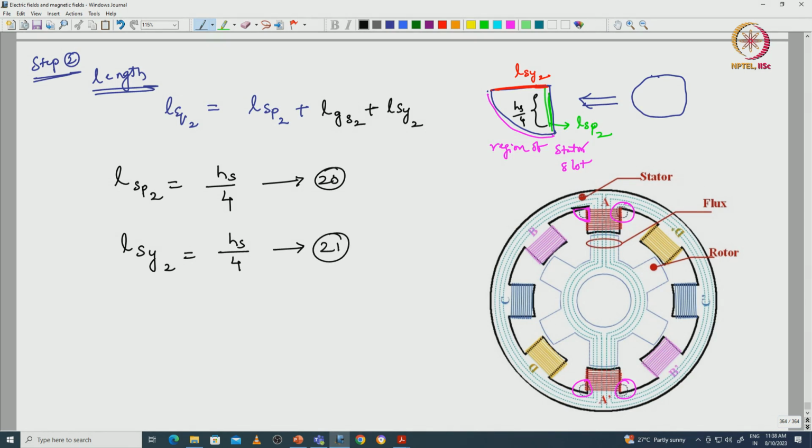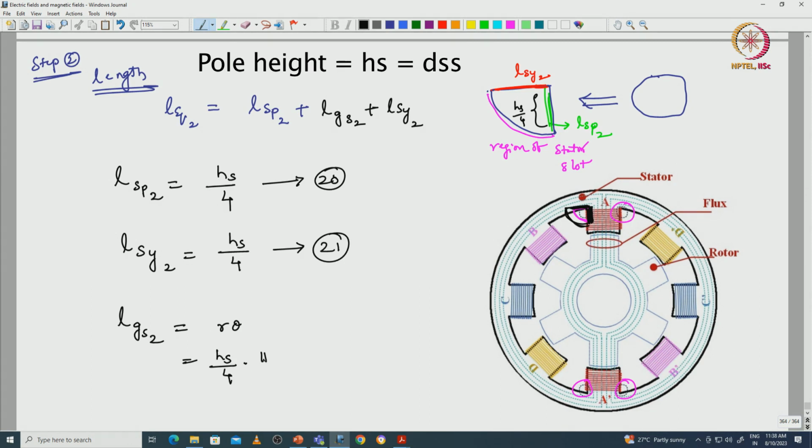This region also I am assuming hs by 4, and this region also hs by 4, and this arc length we can calculate based upon the quadrature of the circle. The length of the air gap region with respect to the stator slot is equal to r into theta. Here r is nothing but hs by 4, theta is nothing but pi by 2. This is equation number 22.